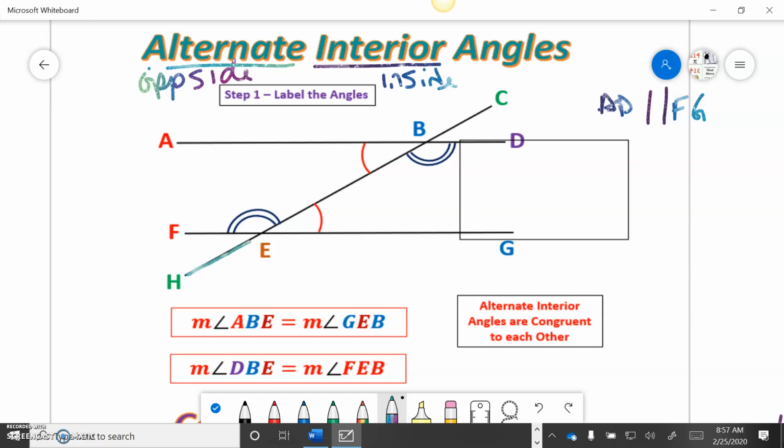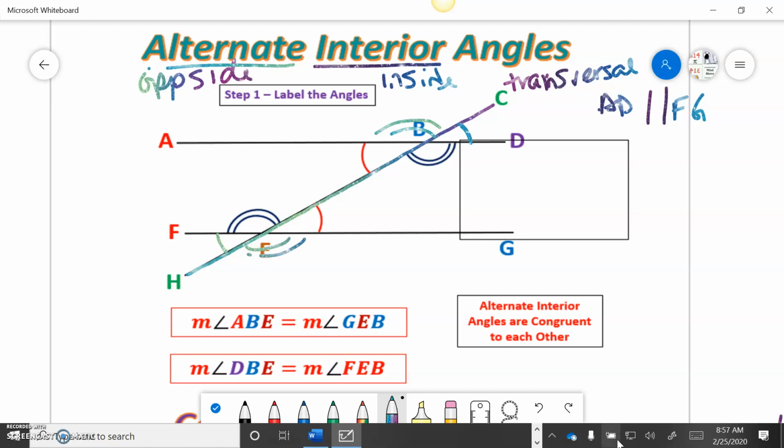And then we have this CH line. This is called a transversal. A transversal is just a line that goes through two parallel lines. What happens is it creates angles on the outside of our parallel lines, and it creates angles on the inside of our parallel lines.